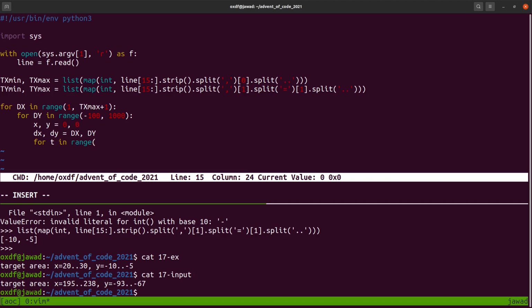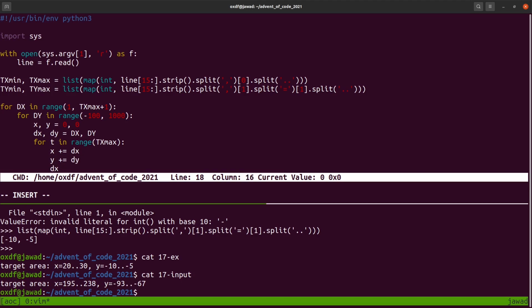If x moved 1 every step, then it would be tx max. So let's just do tx max, which seems arbitrarily fine. We're going to do our steps. So x plus equals dx, y plus equals dy.